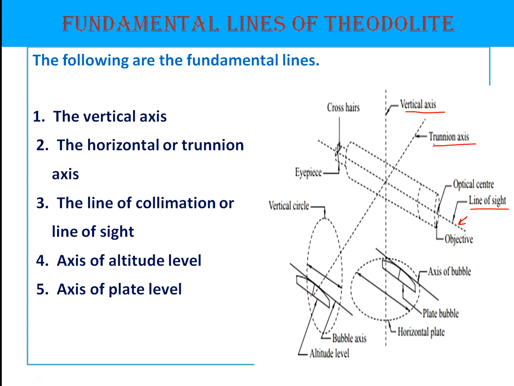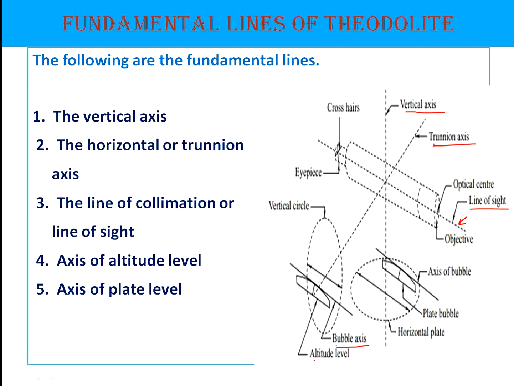That means one bubble will be there near the telescope or near the vertical circle. That bubble is termed as altitude bubble or altitude level, and the axis of that altitude level will be the fourth fundamental line. That is known as bubble axis or axis of altitude level.